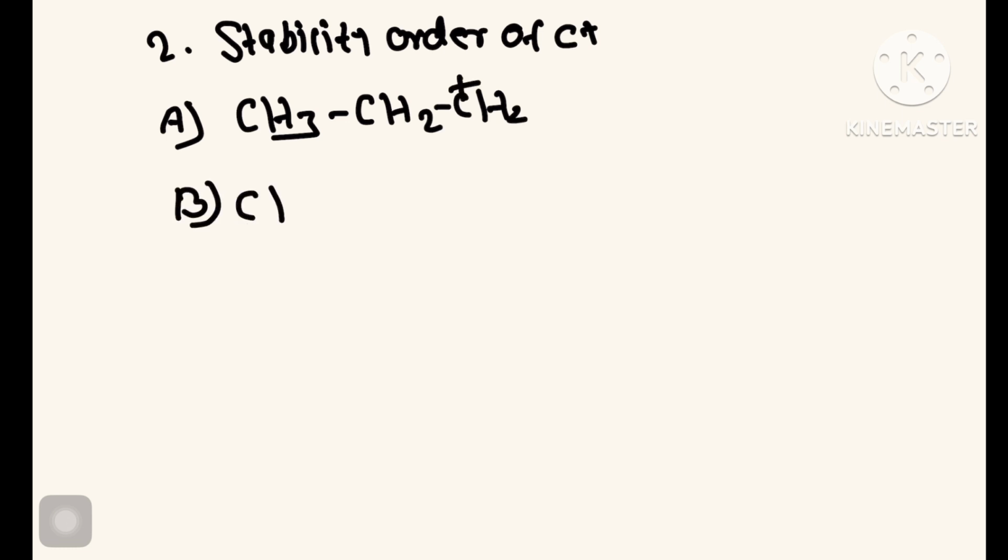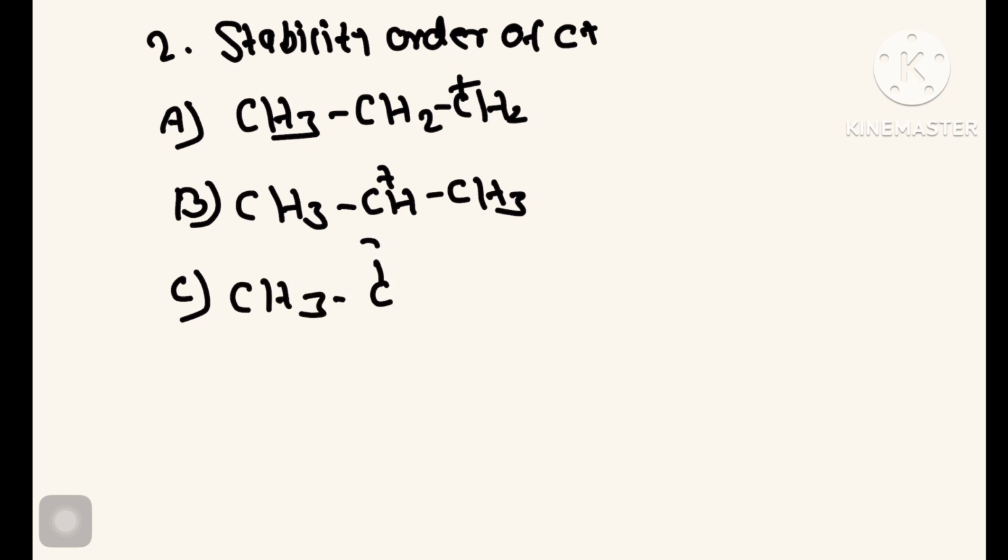B given CH3, CH plus, CH3. And C given CH3, C, CH3, CH3 and here plus. So which one is more stable? Or you can write stability order.